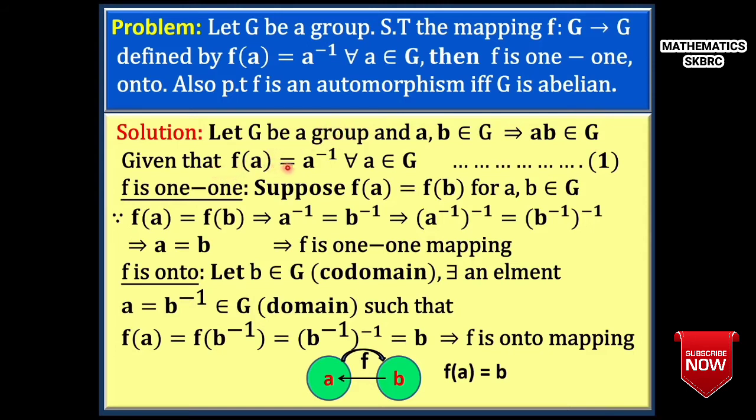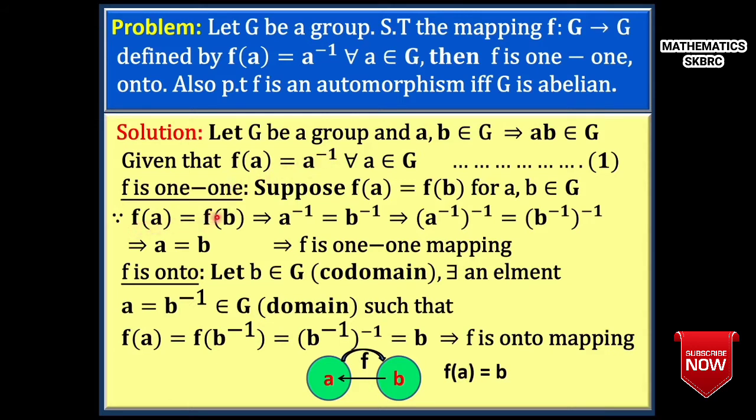Given that f of a is equal to a inverse for all a belongs to G, it is denoted by equation (1). First, we show that f is a 1-1 mapping. Suppose f of a is equal to f of b for a, b belongs to G. Since a belongs to G, f of a is equal to a inverse. b belongs to G, f of b is equal to b inverse.